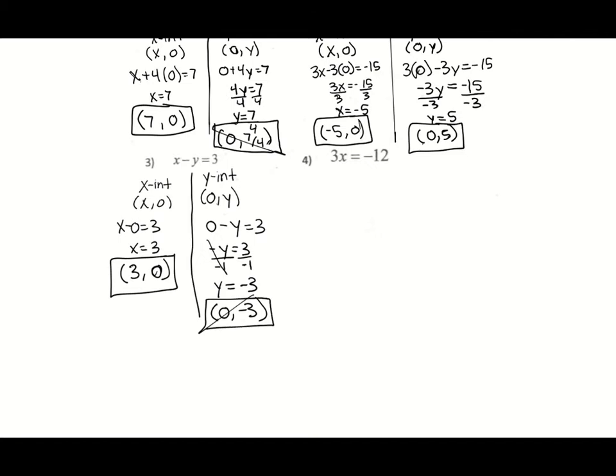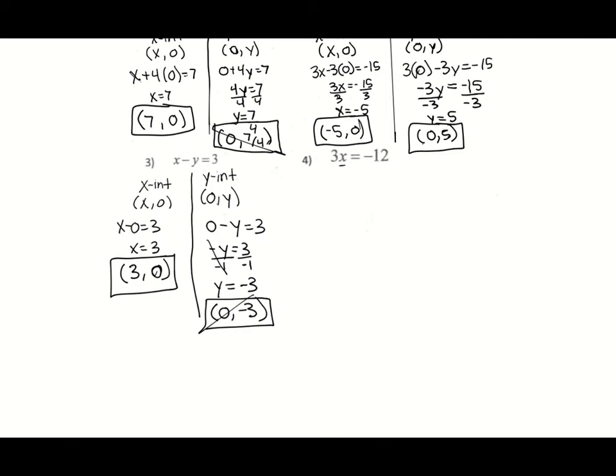Okay, our last one over here is a little bit trickier because there is no y. I only have one variable, and that is x. So when I solve this equation for x, I'm going to do that now.